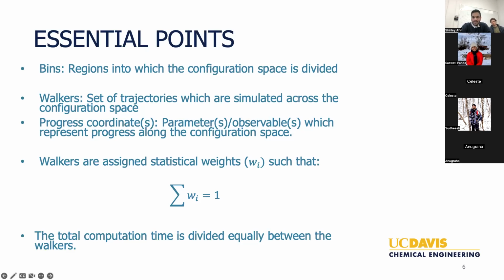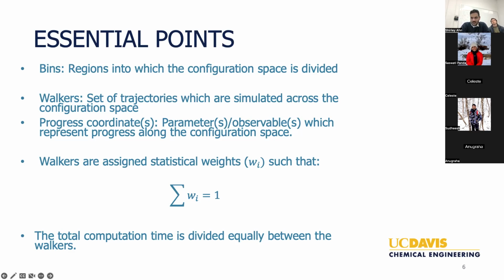Generally, if our configuration space is the free energy profile of the system, we divide the whole free energy profile into different regions, which are called bins. And walkers are the set of trajectories which are simulated across the configuration space. As I was saying about the multiple trajectories, those trajectories are called walkers.